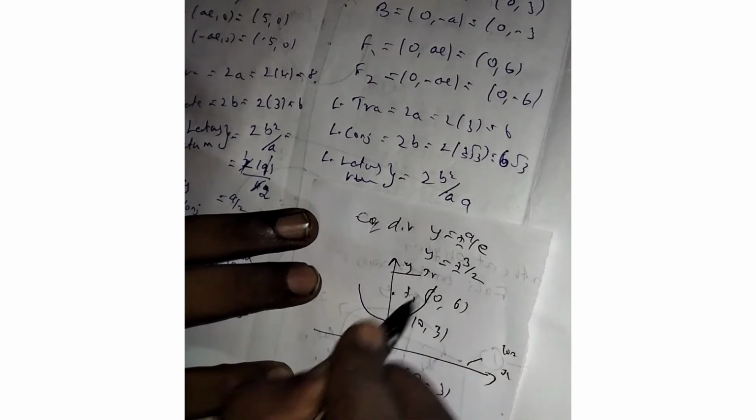Here y is the transverse axis and the x-axis is the conjugate axis. The second vertex is 0, minus 3 and the second focus is 0, minus 6. If you draw the diagram like that, the directrices are y equals 3 by 2 and y equals minus 3 by 2.